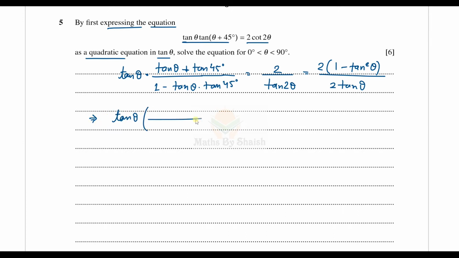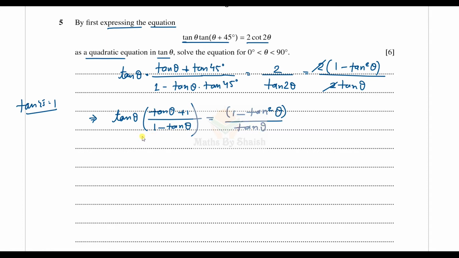Tan 45 is 1. So it is tan theta times (tan theta plus 1) upon (1 minus tan theta), equal to 2, cancelled, into (1 minus tan square theta) upon tan theta.